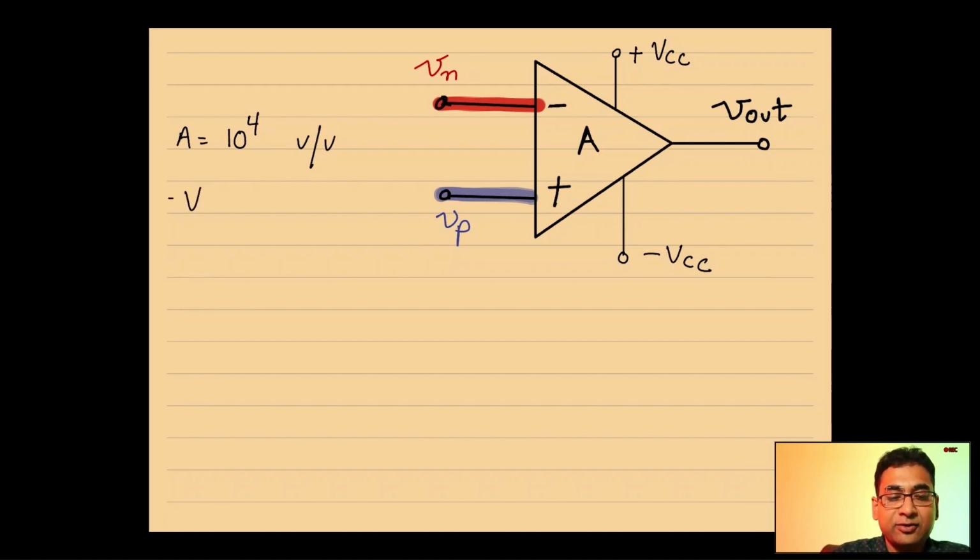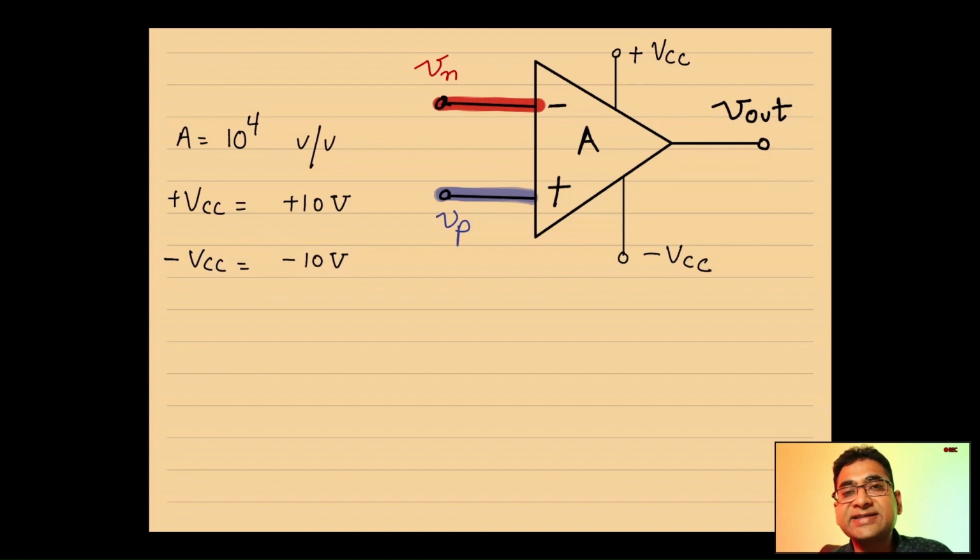Let's pick a value for plus VCC. The typical value is 10 volts. And the value for the negative power supply is going to be negative 10 volts. Okay, everybody with me? We're just randomly picking some numbers to understand this operational amplifier a little bit more.